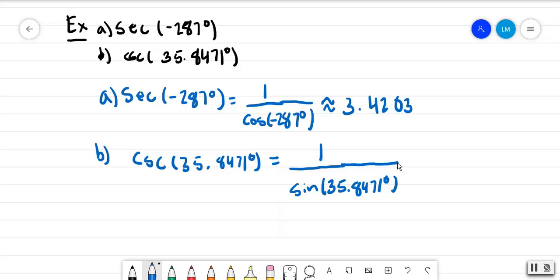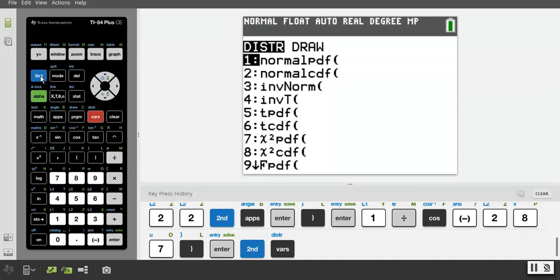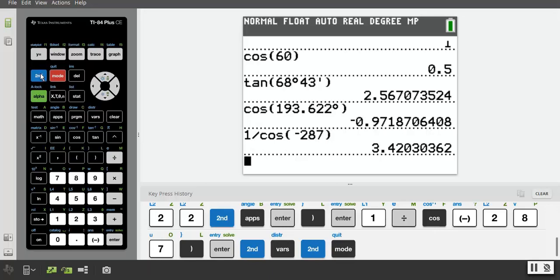Now we're going to do the same exact thing. We're going to go to our calculator and type in that expression.